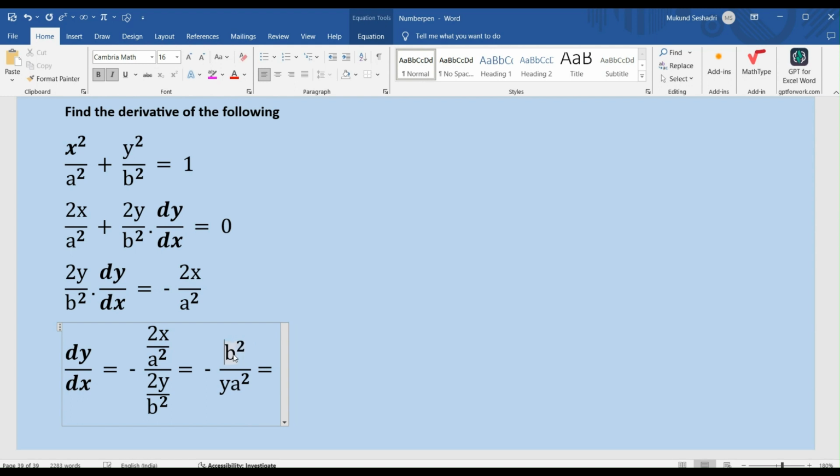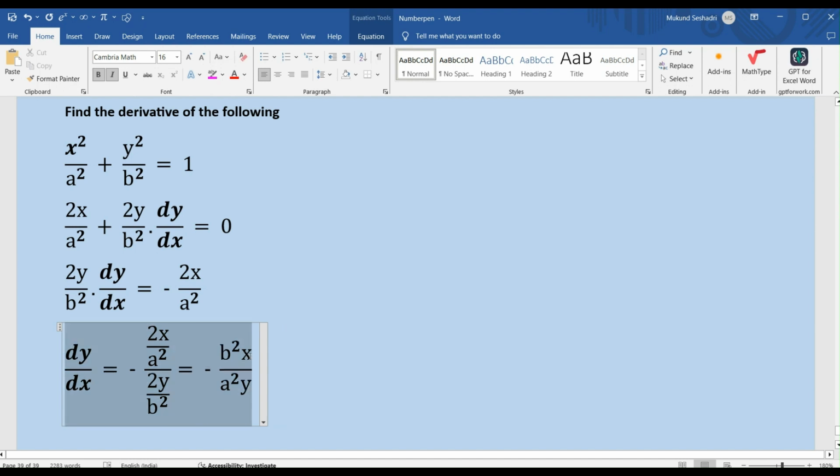So minus b square x divided by a square y, right? I think this is a better way of representing our final answer. I don't think we can do any further simplification. So there I have the final answer, highlighted in pink: minus b square x divided by a square y.